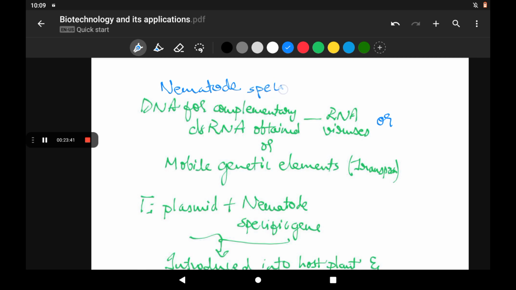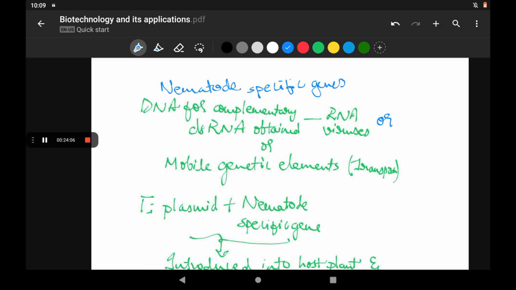If you try to remember this topic through a chart with keywords, it would be easier for you. So it's better you write the keywords and try to recollect them. So nematode-specific genes or DNA which can produce double-stranded RNA is obtained from RNA viruses or from mobile genetic elements, which we call transposons.